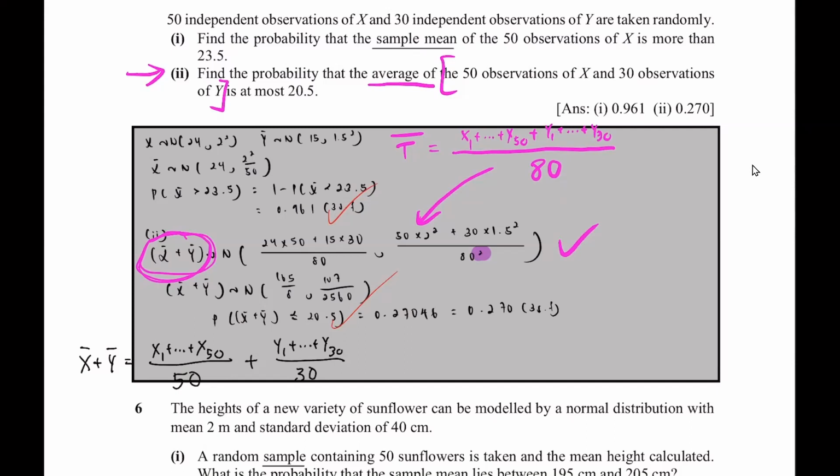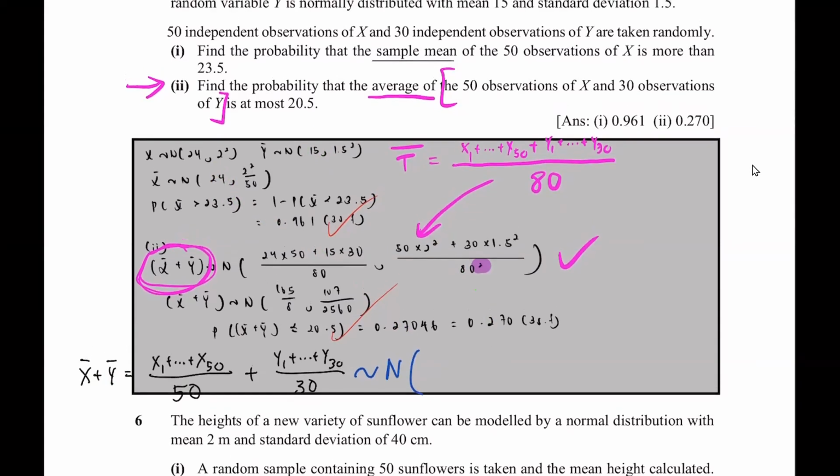Yeah, I just thought I could shortcut the writing. I know it looks a bit funny. If you actually wrote this out, then under the normal distribution, the mean and variance will be different already. You just take the expectation of x bar plus the expectation of y bar, which means you already calculated 24 as well as 15.